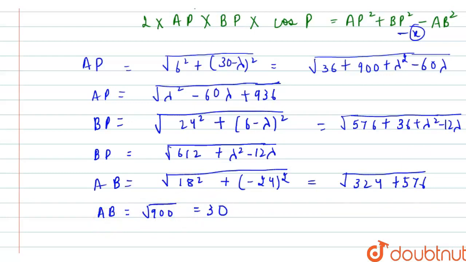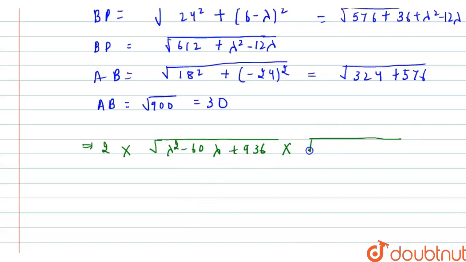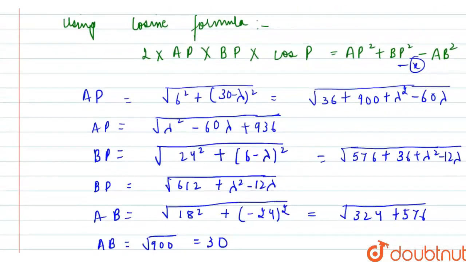Now we can put it in the cosine formula. Using all the values in equation X, I get 2 into under the root of lambda square minus 60 lambda plus 936 into under the root of 612 plus lambda square minus 12 lambda, cos of angle P, which is equal to AP square plus BP square minus AB square.